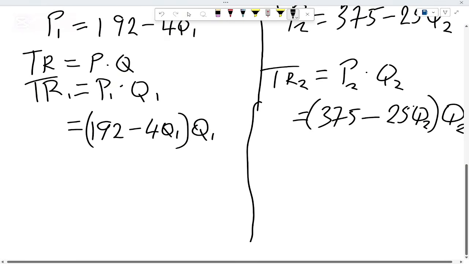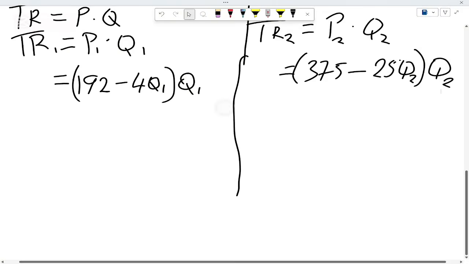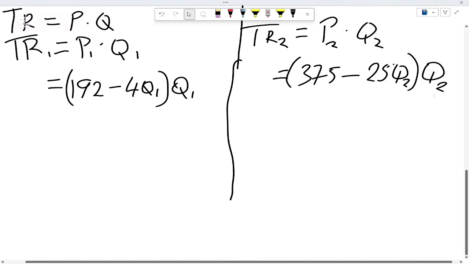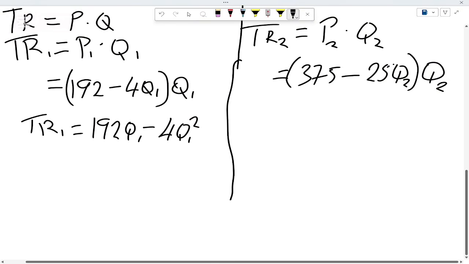With this, you can proceed to obtain your TR1 as 192Q1 minus 4Q1 raised to power 2.